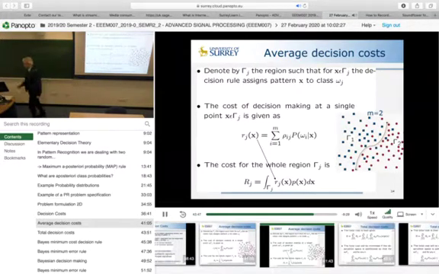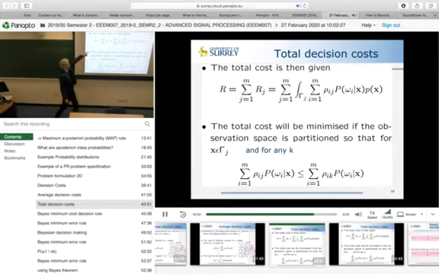And then if we want to, we can add up all the costs over all of the regions, and that will give us the total expected cost for running this pattern classification machine. And so expanding that out, this is just expanding it in terms of the sums and integrals. So it's made up from the individual costs, the probabilities of the class given the observation times the probabilities of the observation.